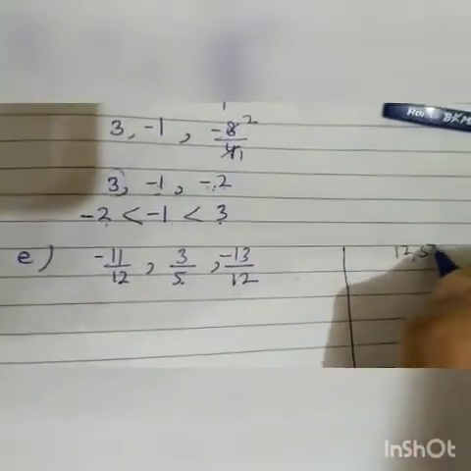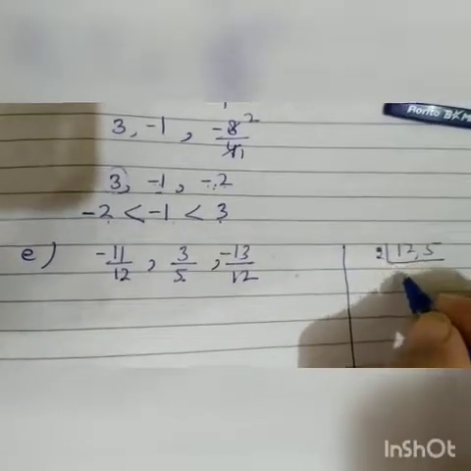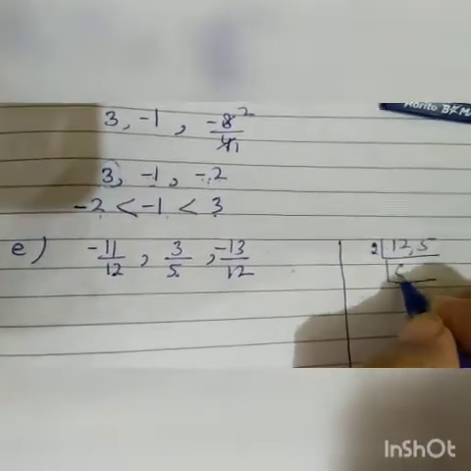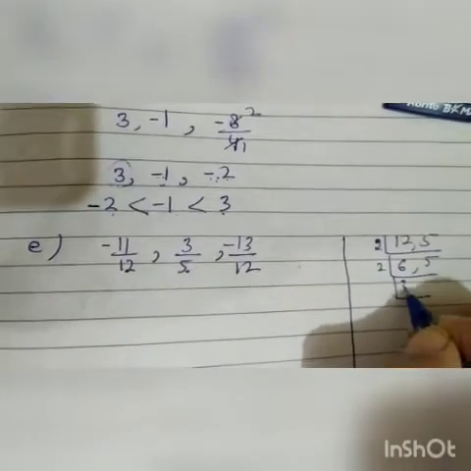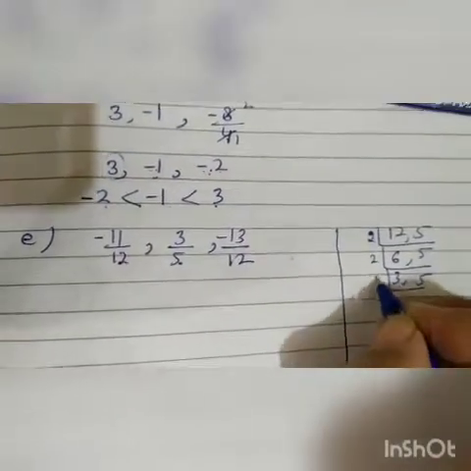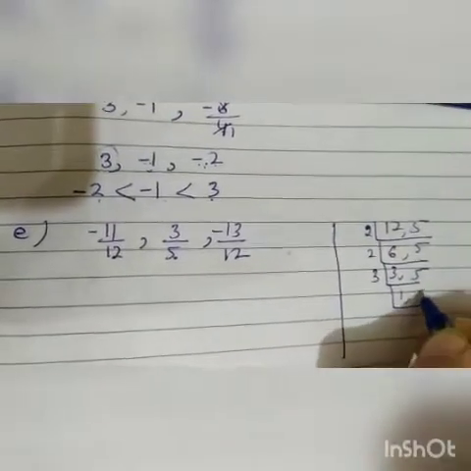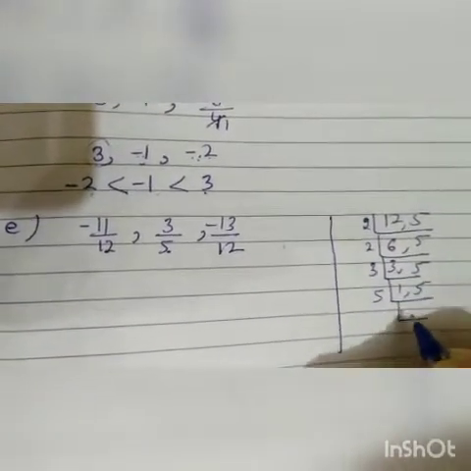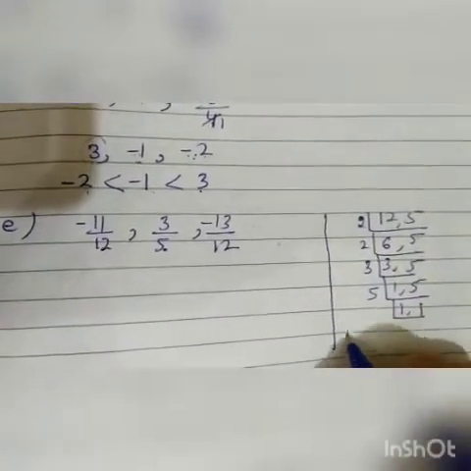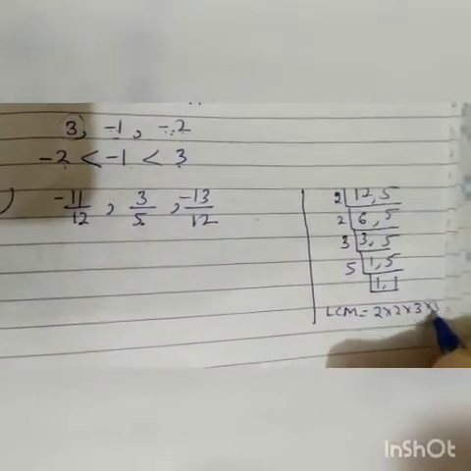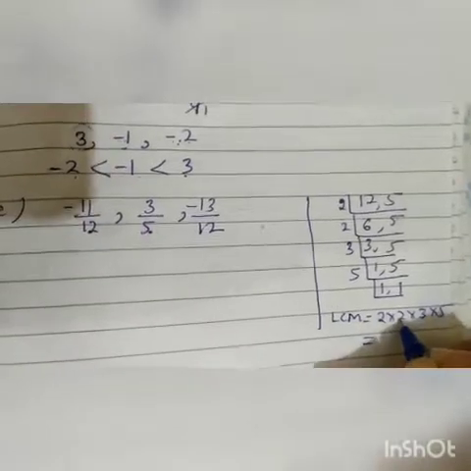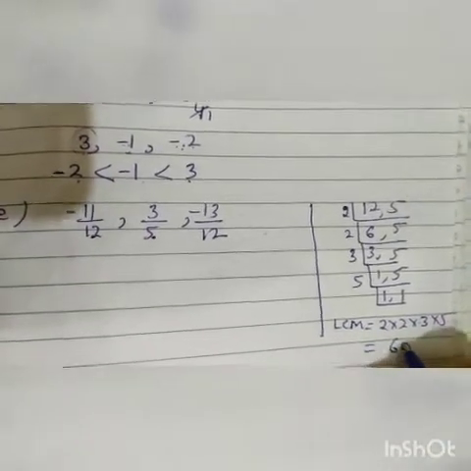When we find the LCM of 12 and 5, we will do 2 6 ja 12, 5 will be as it is, again 2 3 ja 6, 5, then by 3, 3 1 ja 3, 5, 5 1 ja 5. Then LCM is equal to 2 into 2 into 3 into 5. 2 2 ja 4, 4 3 ja 12, 12 5 ja 60.